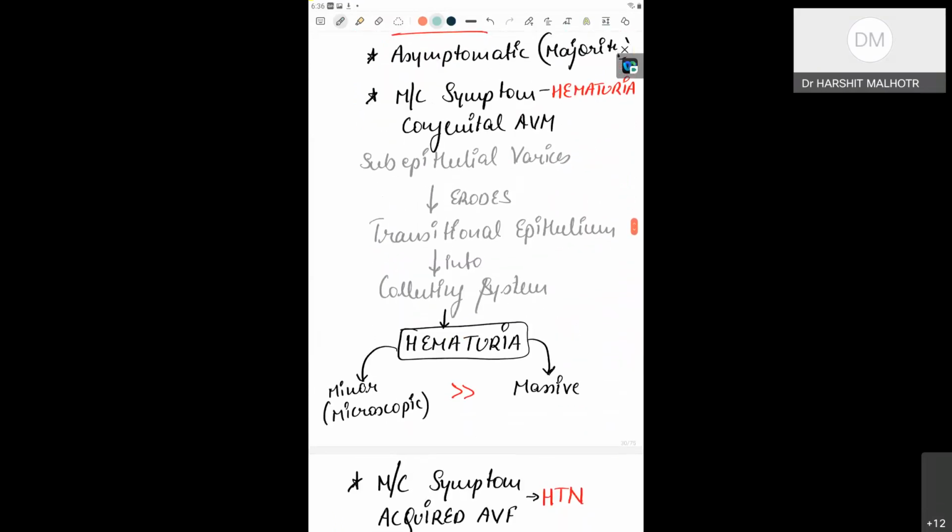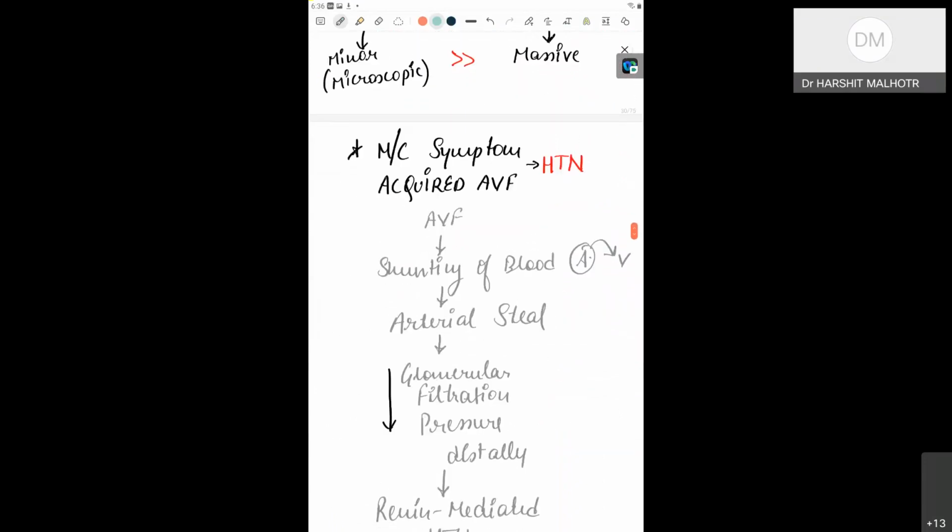Now, this was the most common symptom in a congenital AVM, but the most common symptom of acquired AV fistulas or AVMs is hypertension. When there is shunting of blood from artery to vein, there is an arterial steal, so there is decreased glomerular filtration pressure distally. This mechanism is similar to when there is a renal artery stenosis or an embolus.